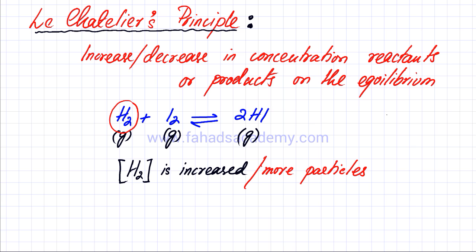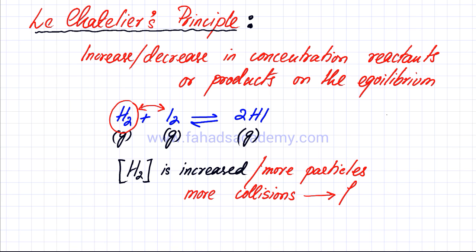So since there are more particles, there would definitely be more collisions between H2 and I2. And we all know that if there are more collisions, then a faster reaction is going to take place.